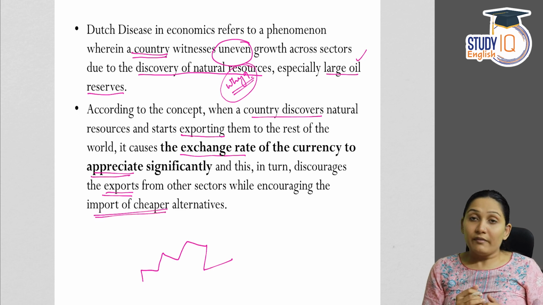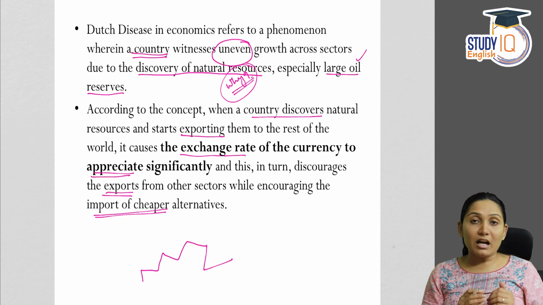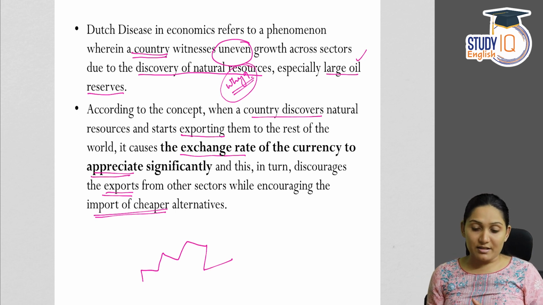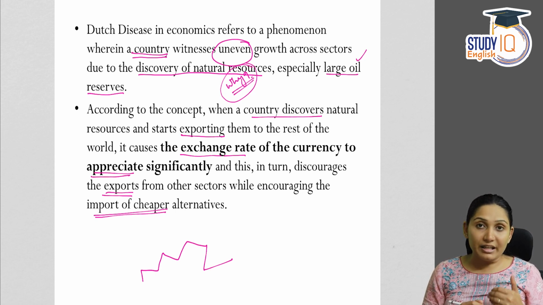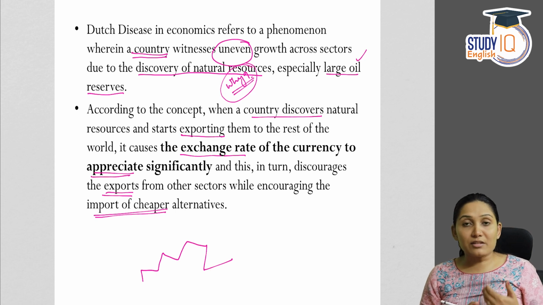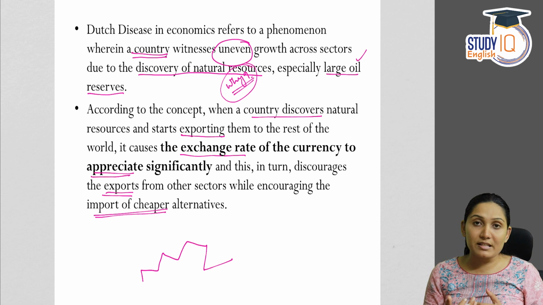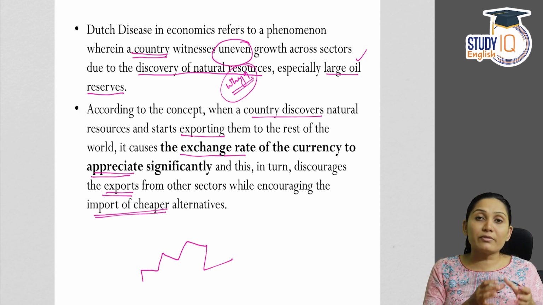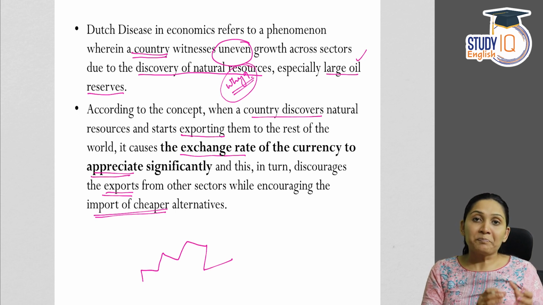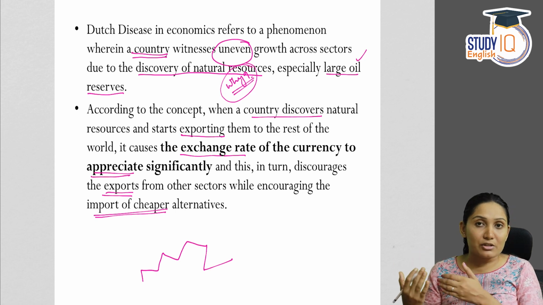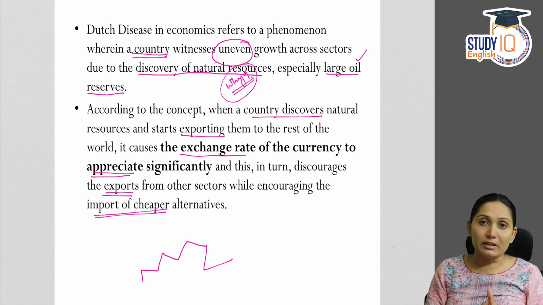See, we have seen that this is an uneven growth across different sectors. Now, for example, if a country discovers natural resources in abundance or in large quantities, there is an excess of this natural resource for that country, which the country will export to other parts of the world.